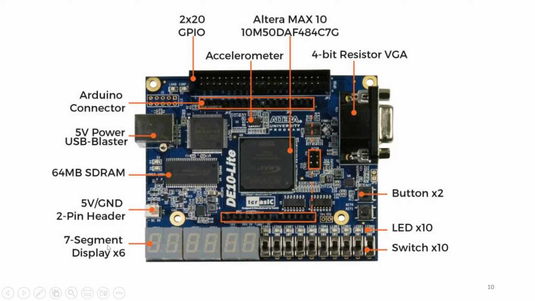I have also 7 segment displays. I have 6 of those. Oh yes, I have here also an accelerometer. I can use it. And this is very important, this is a 2x20 general purpose input output. I can connect here 40 input output.